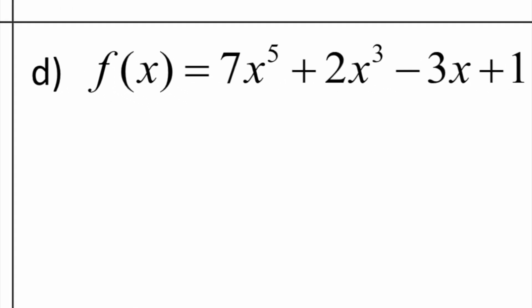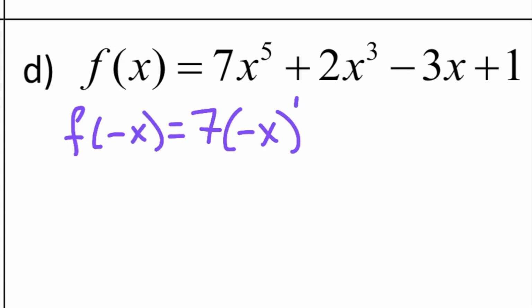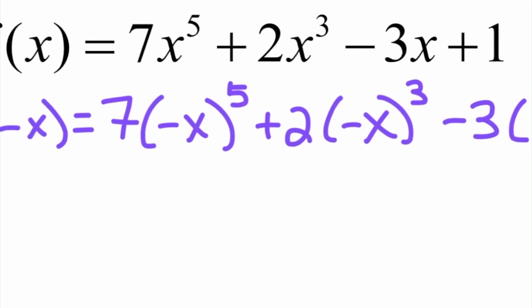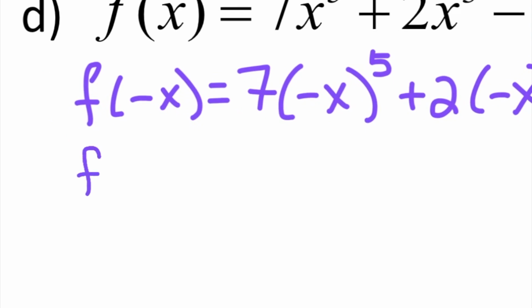For letter D, when I substitute negative x here, 7 times negative x to the 5th power plus 2 times negative x to the 3rd power minus 3 times negative x plus 1. Whenever you have an odd power on a negative x, the sign of the term changes.